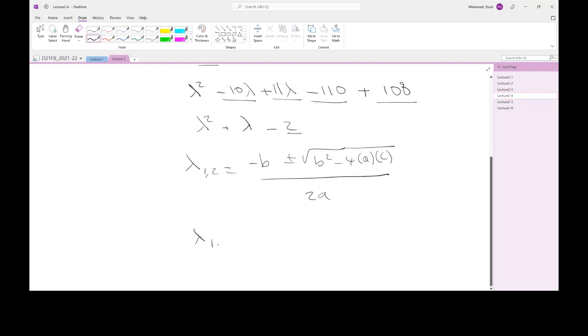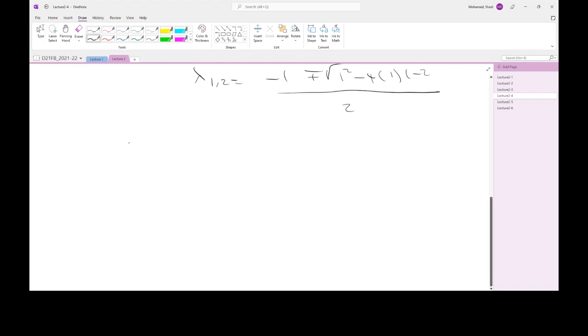So lambda 1, 2 is equal to minus 1 plus minus the square root of 1 squared minus 4 multiplied by 1 multiplied by minus 2, divided by 2. And then the solution is going to be minus 1 plus minus the square root of 1 squared is 1. 4 multiplied by minus 2 is minus 8. Minus 8 by minus is going to be plus 8.